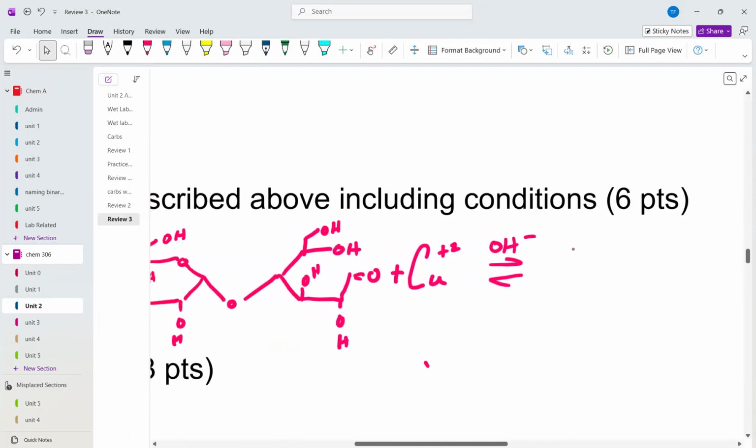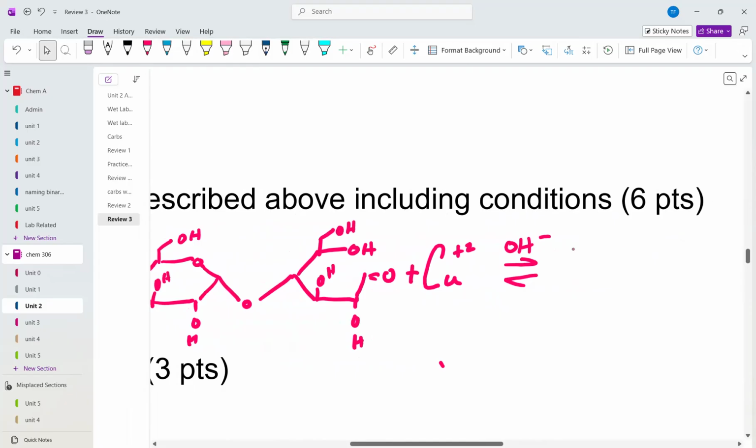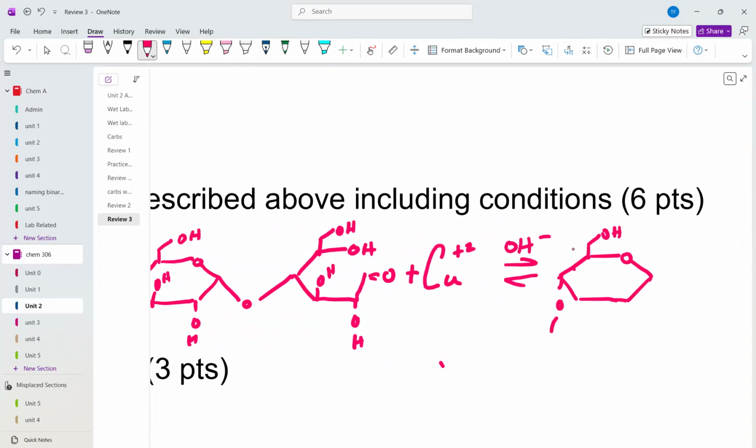What's going to happen is that copper is going to be reduced and oxidize the aldehyde to the corresponding carboxylate salt. I say salt because we're in an alkaline environment. Okay, so what does that look like? The glucose on the left is going to be unchanged.